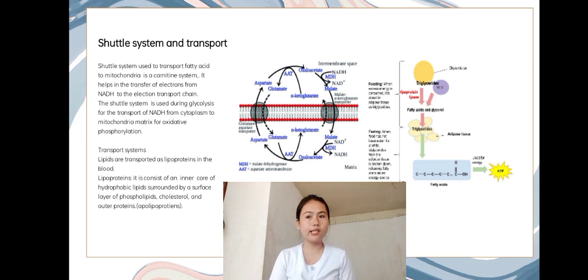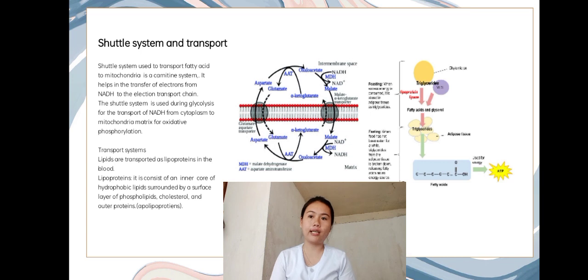Then, the transport system: lipids are transported as lipoproteins in the blood. One is the transport of fatty acids into the mitochondria, and the other is the transport system, where lipids are transported as lipoproteins into the blood.